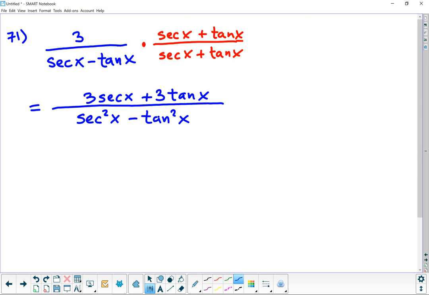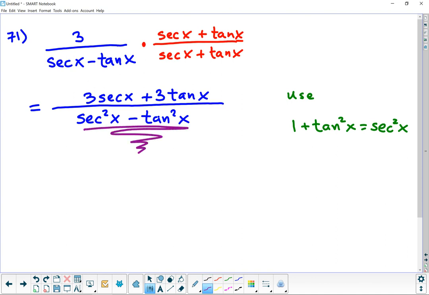All right? Again, this looks very similar to a trig identity. We are going to use the identity 1 plus tangent square x equals secant square x. Again, we need to have this right here, which is sort of over here if we just subtract the tangent over.